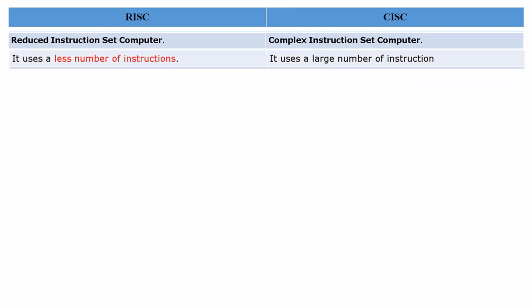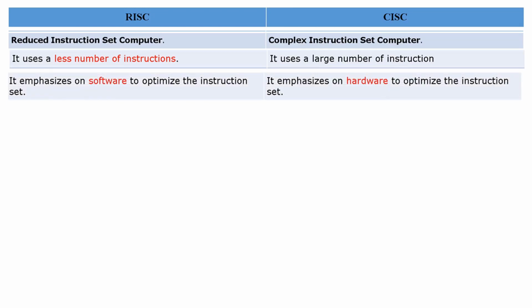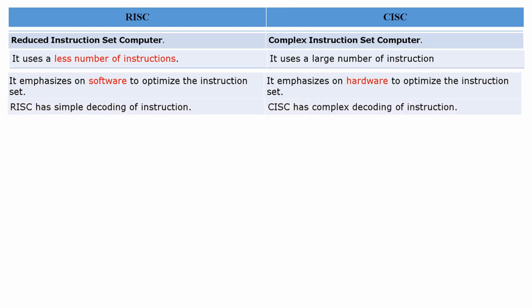RISC uses a smaller number of instructions, whereas CISC uses a large number of instructions. RISC is based on software, the instructions are optimized, and in CISC the hardware is to be optimized. RISC has simple decoding of instructions, and CISC has complex decoding of instructions.